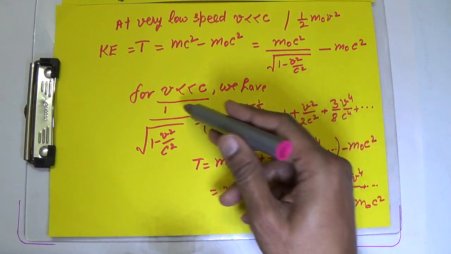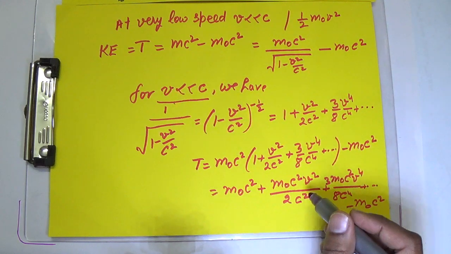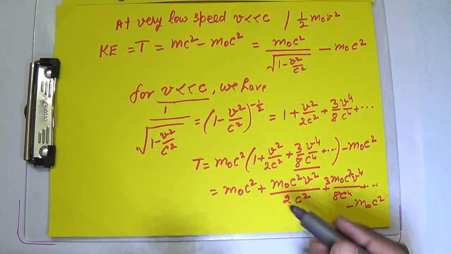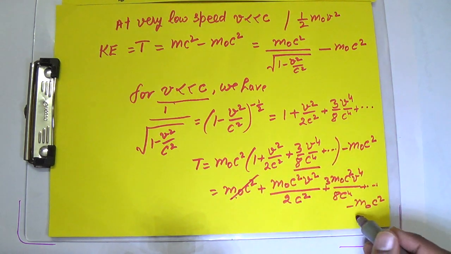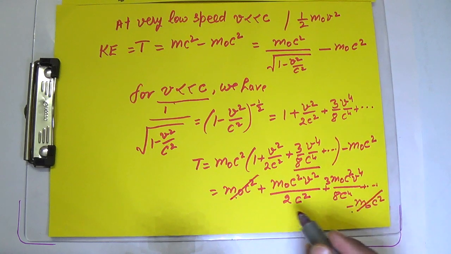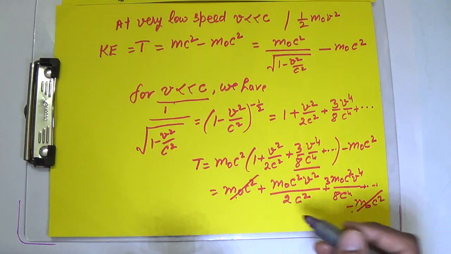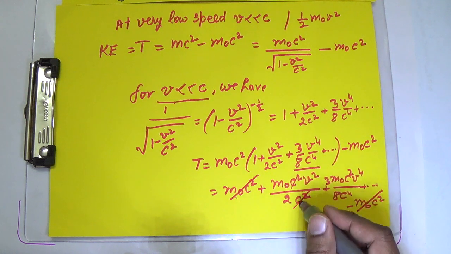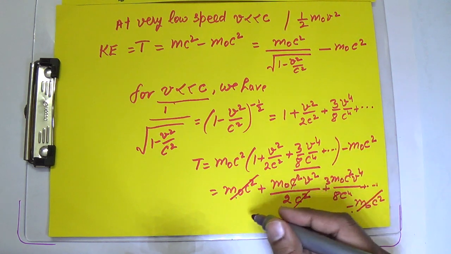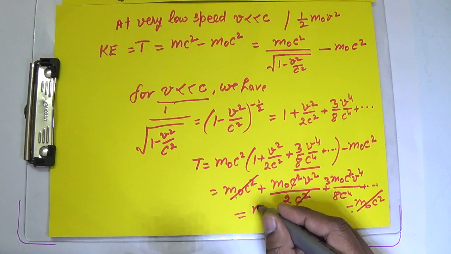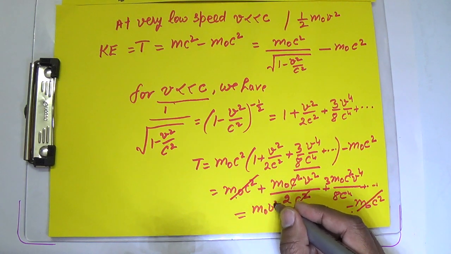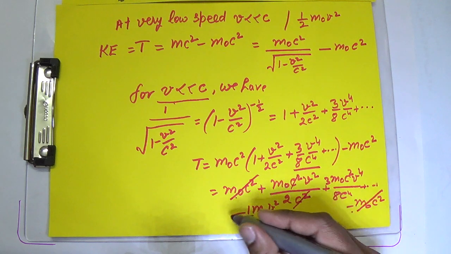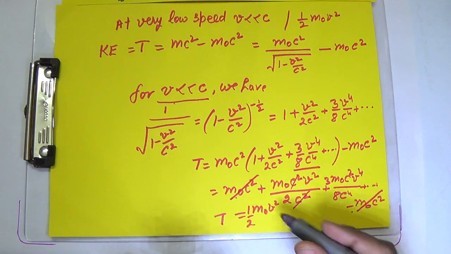We know that v is very small as compared to c, so we can ignore the higher term. The m naught c square and minus m naught c square cancel out, so we have only this term, c square cancels out, and m naught v square by 2, that is 1 by 2 m naught v square.